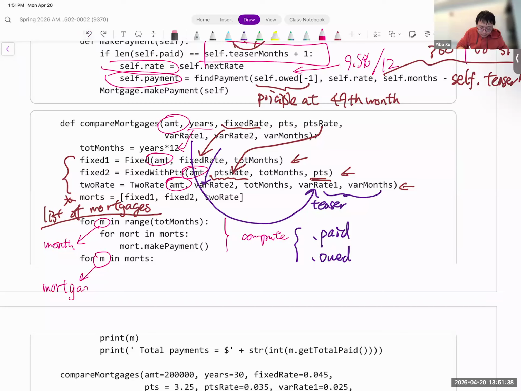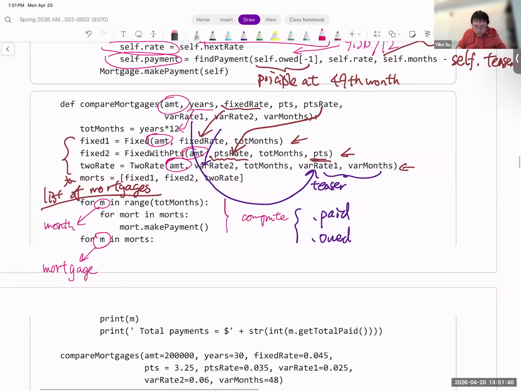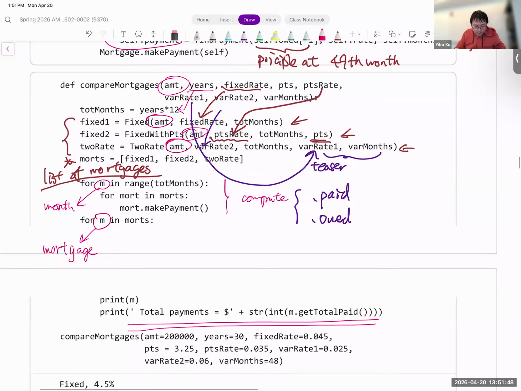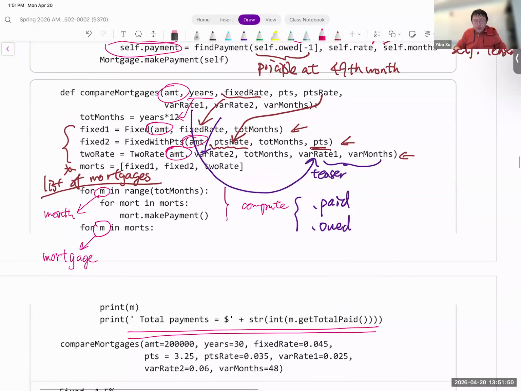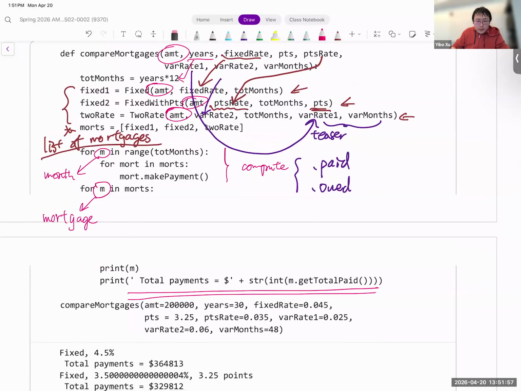So now this is saying, for each mortgage, I'm going to print the total payments, and then we just run, right? So let's see. Let's once again specify what the inputs are.